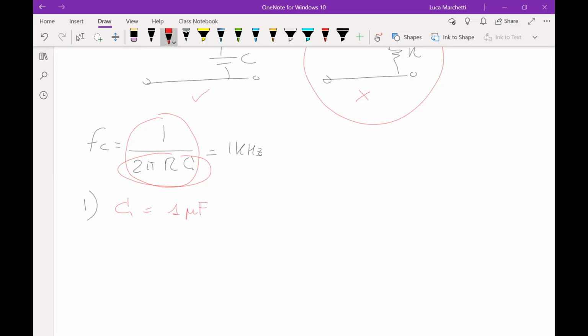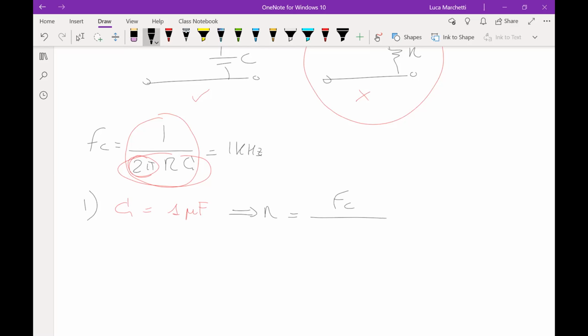And so I'm expecting that the resistance will be around maybe 1 kilo ohm or even less. The problem is that we have this 2 pi factor, which will reduce the value, not in kilo ohm, but maybe 100 of ohm. So yeah, 1 microfarad could be a good solution because 1 microfarad is easy to find in the market, and so on. And then you're going to find the value of R.